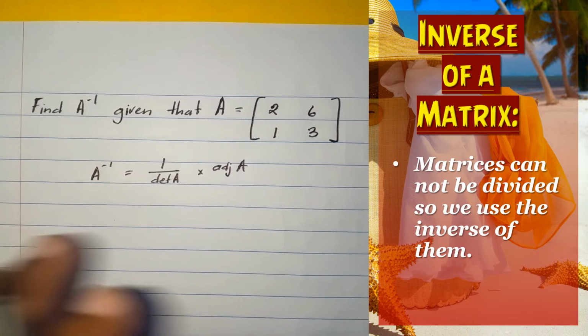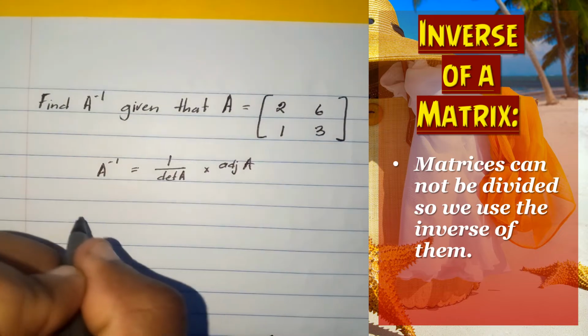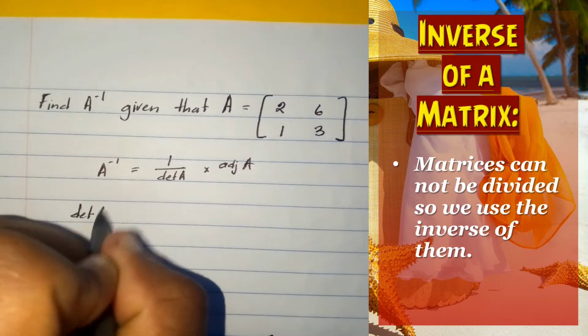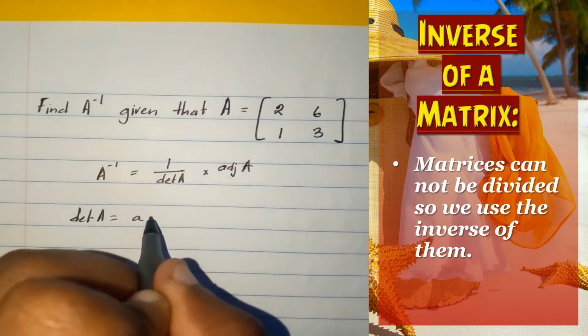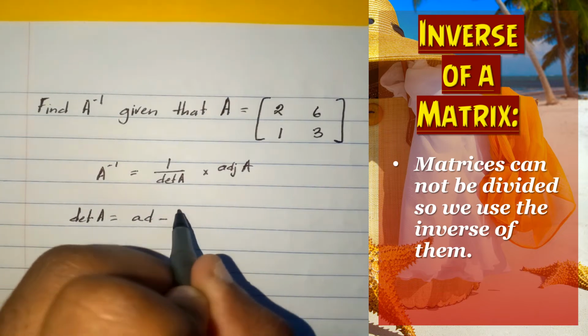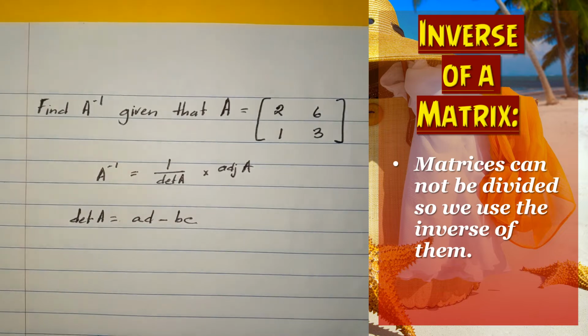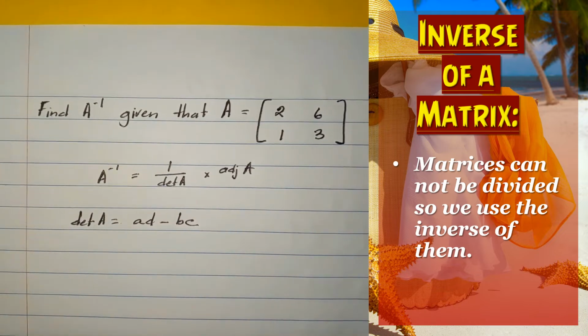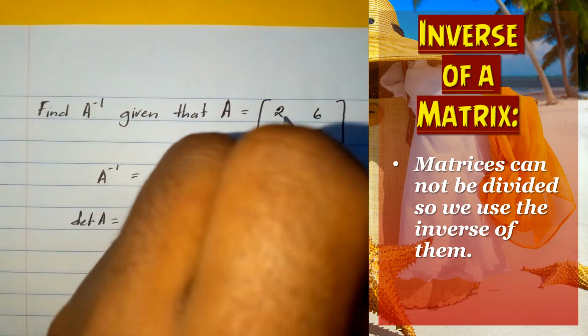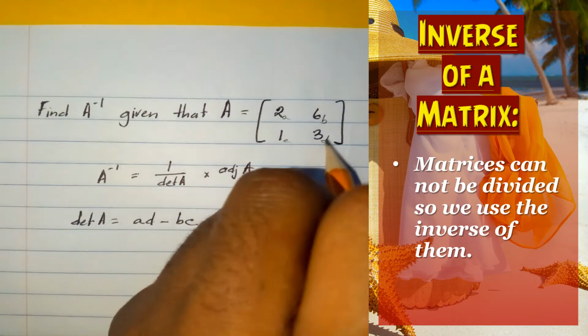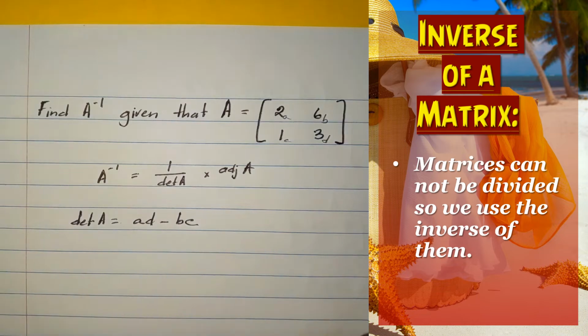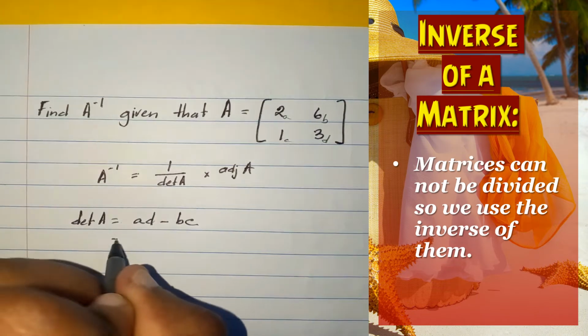So I'm going to find the determinant. The determinant of A is equal to AD take away BC. And I'm going to label my A, B, C, Ds in the matrix. So this is A, B, C, and D. This one is interesting.